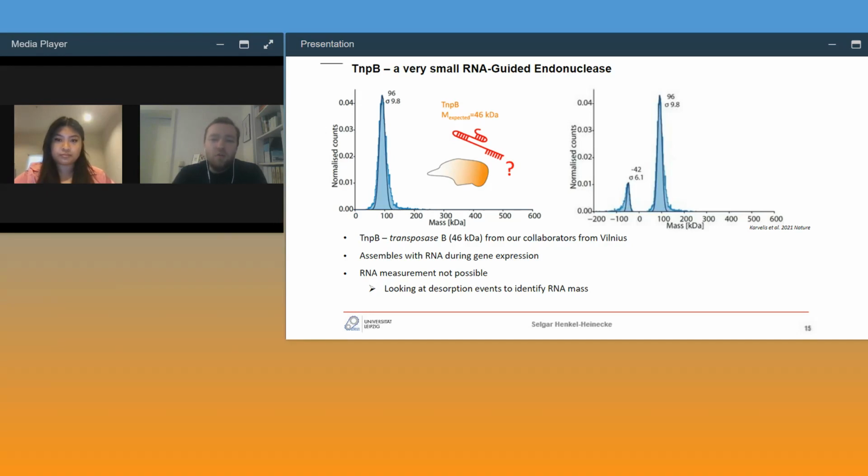But you would see the complex itself if you would use a coated slide with polylysine in that sense.